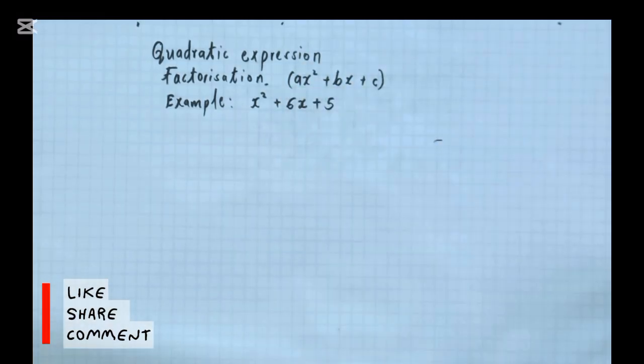When a is equal to 0, it changes from being a quadratic expression to a linear expression. In the previous class, we looked at how to expand linear expressions as a way of deriving quadratic expressions.